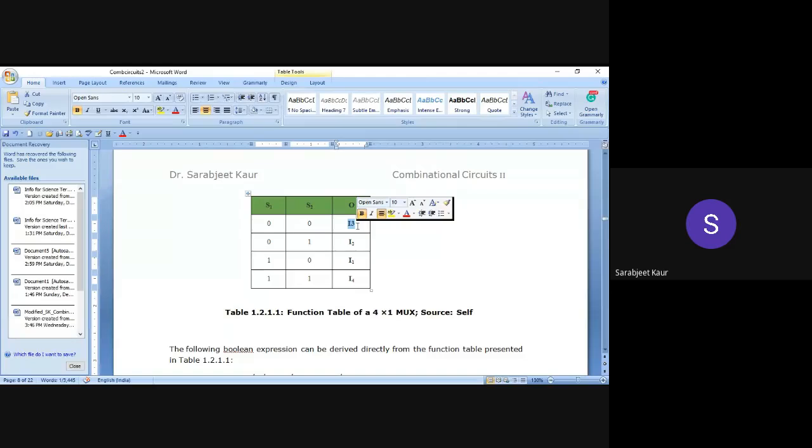But to keep it simple, the first possible input combination of these two select lines, what is that? That is 0 0. We associate it with the first input channel, and then the second one with the second one.